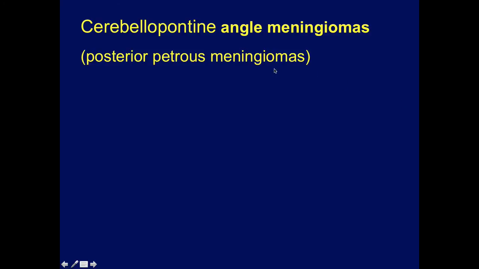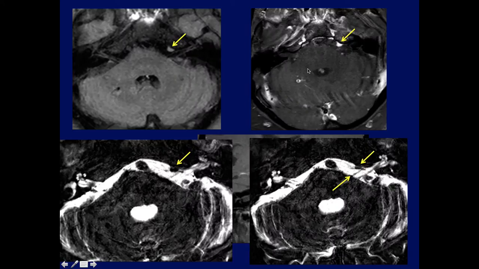Okay, let's talk now about what we call the cerebellopontine angle meningioma. Also, the neurosurgeons refer to this as the posterior petrous meningiomas. I'm not going to spend a lot of time on this, as this is a board review topic. I just want to point out this tiny meningioma here.